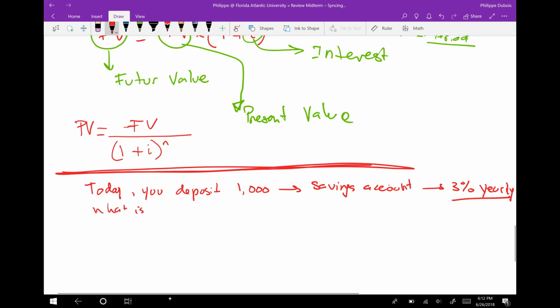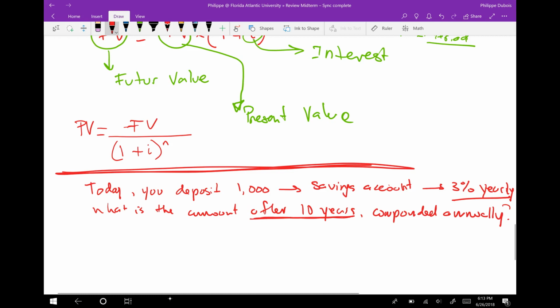What is the amount after 10 years, compounded annually? After 10 years, that's in the future, right there, future.